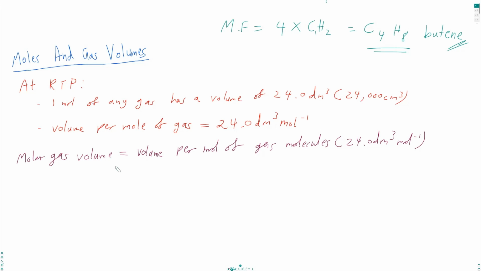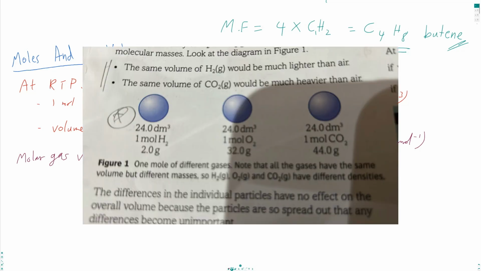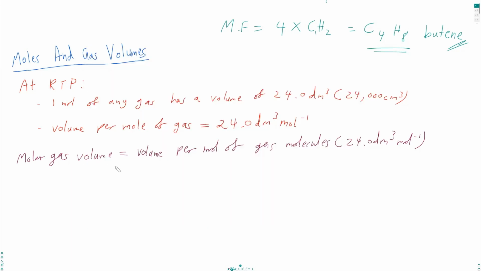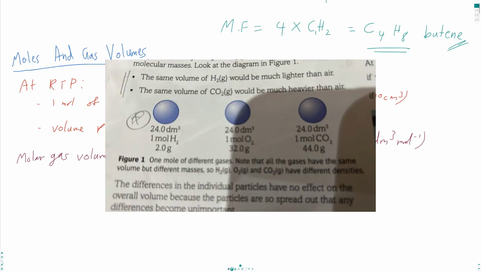Looking at the diagram, the same volume of hydrogen would be much lighter than air, around 2 grams, while the mass of CO2 is much heavier than air.